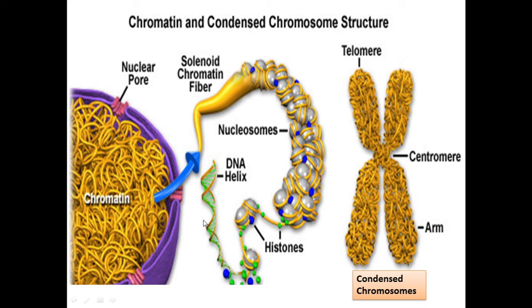Here you can see this is our DNA double helix. Now it is wrapping around these histone proteins. Then the nucleosome and linker DNA get condensed to form the chromatin fiber, and this chromatin fiber is then arranged in the form of this chromosome. Got it? DNA wrapping around the histones forms the nucleosome and linker DNA, condensing to form the solenoid chromatin fiber, and then the final condensed structure of the chromosome.